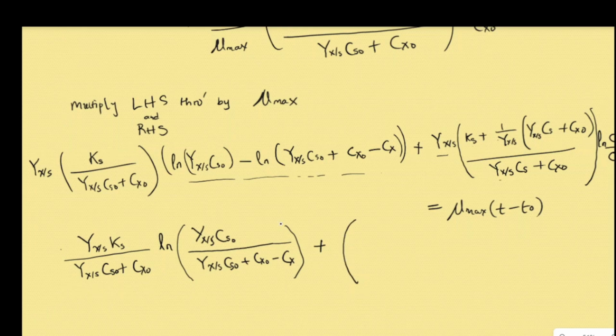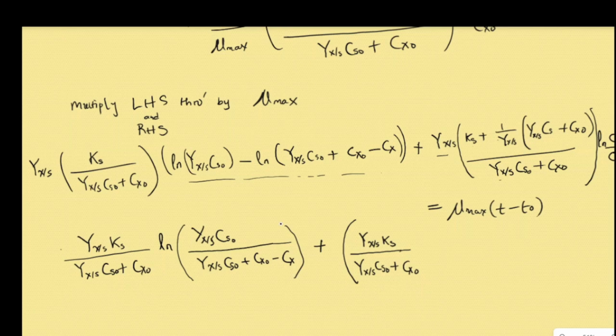So YX/S times KS gives me YX/S, then you have KS, then I'll now divide by this term, YX/S CS0 plus CX0, like this. So I've done for this particular term.